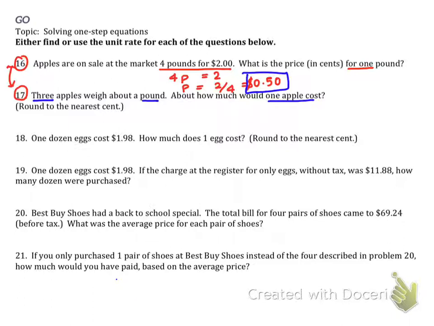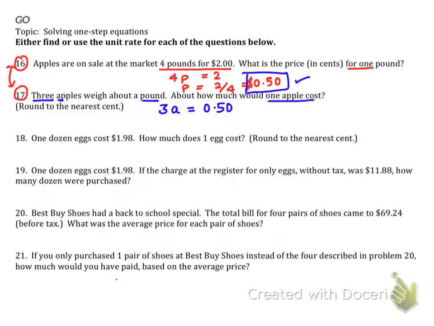So 3 apples cost $0.50. You can write it like this, because 3 apples cost 0.50. I'm using a for apple so it's convenient to understand.